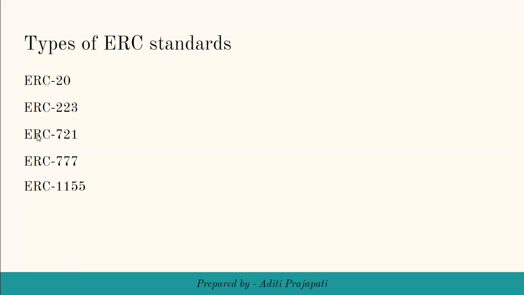There are other ERC standards as well, like ERC1820, which we are going to study later on. Now, coming to our first standard, that is ERC20. In this PPT, we are going to study ERC20, ERC223, and ERC777.